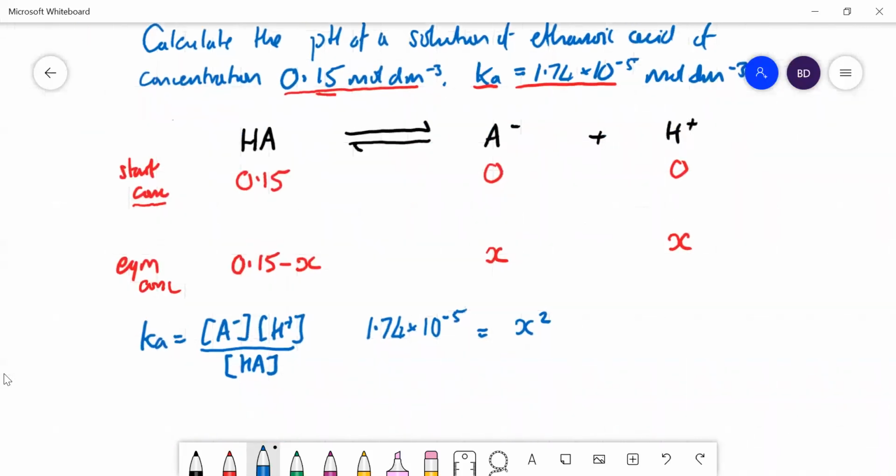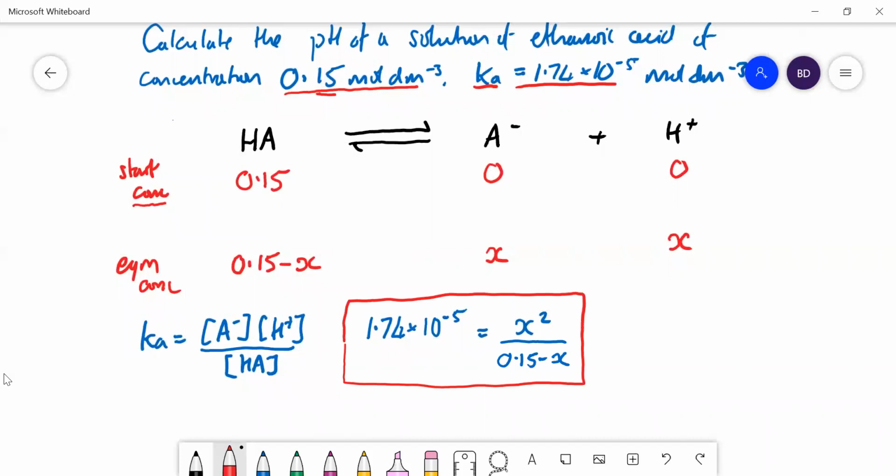That's very important here, that the concentrations of these two things are equal, because when you make 1 mole of A minus, you make 1 mole of H plus. And that's going to go over 0.15 minus X. So we've got this expression now, and the only thing we don't know is X. We could solve it and find X, which is the H plus concentration, and we can work out pH.